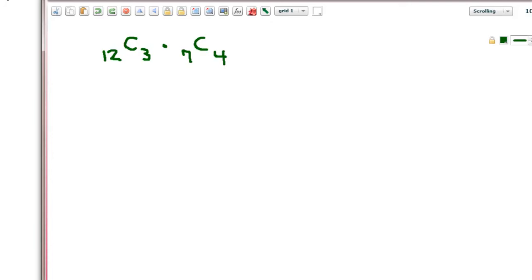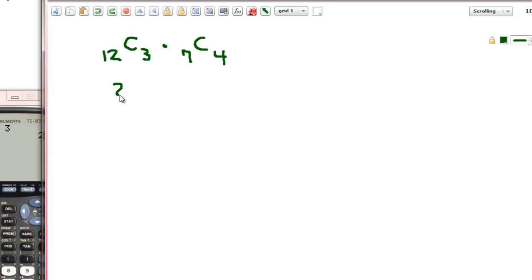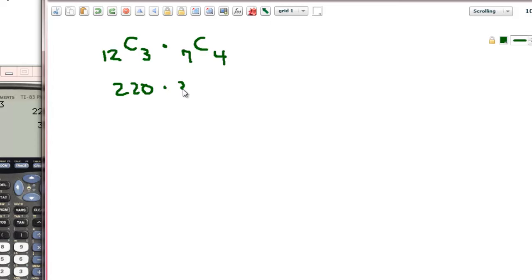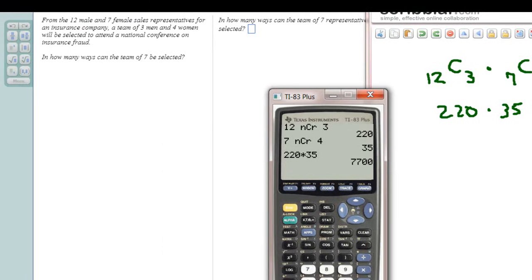Let's take our handy dandy calculator. 12 choose 3 is 220. Then on the other side, 7 choose 4 is 35. And 220 times 35 is 7,700.